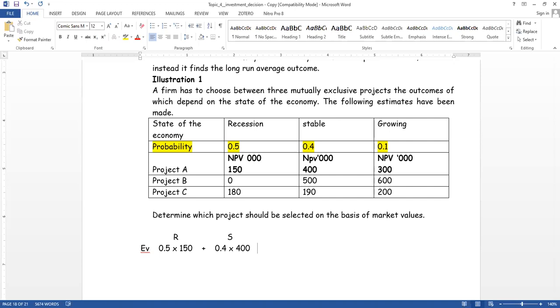Then I add for growing, which is 0.1 times 300. So this is growing. Then I get the expected value.